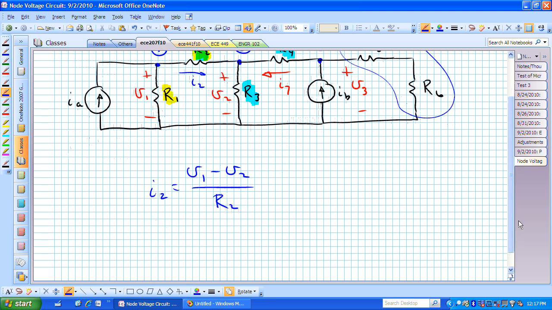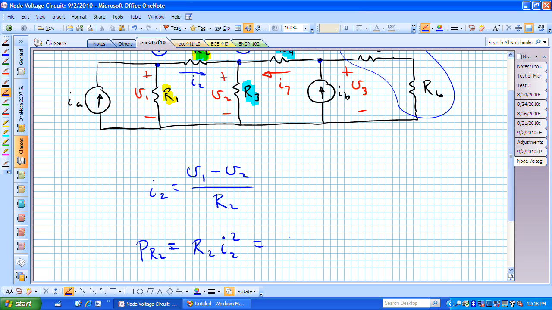The power, remember, let's say for R sub 2, is the product of voltage times current. Or it's R sub 2 times I sub 2 squared.